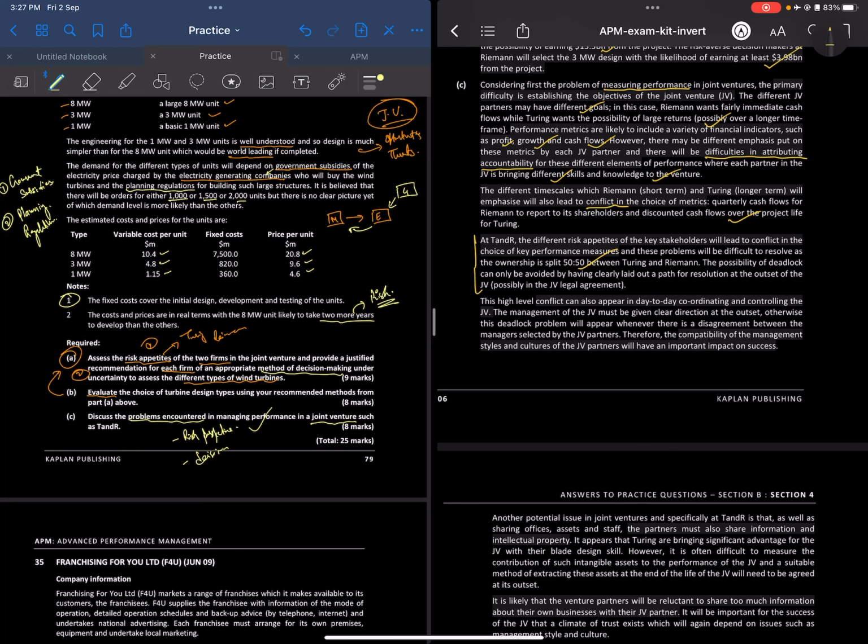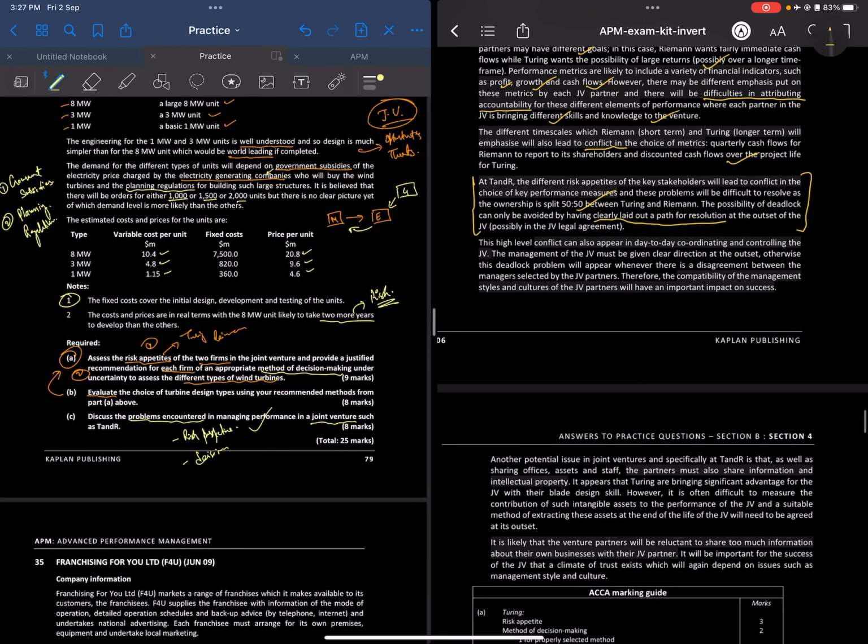The possibility of deadlock can be avoided by having a clearly laid out plan for resolution if it were to occur. And this high-level conflict may also appear in the day-to-day coordinating and controlling of the JV.